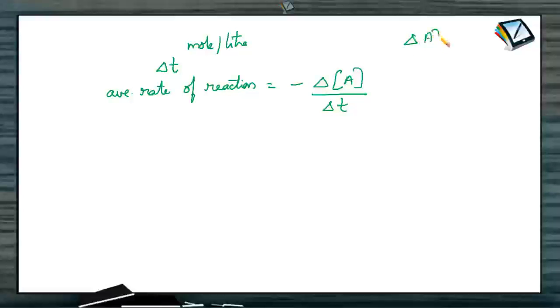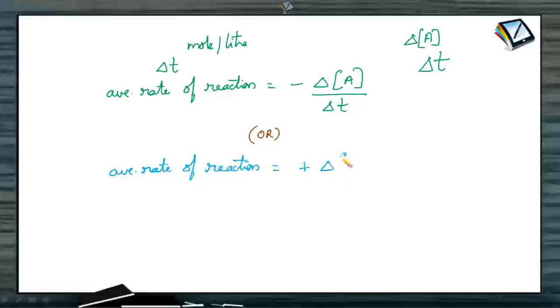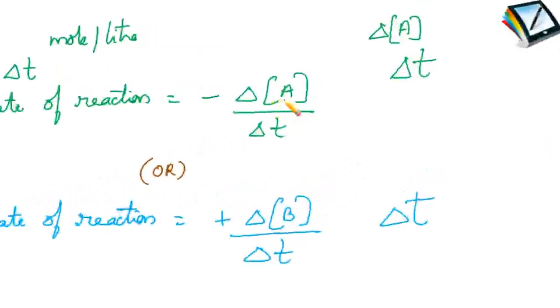Or we can also write it as average rate of reaction equal to plus delta B upon delta t. And what is this delta B? Delta B is again the change in concentration of B in the small time interval of delta t. So one very important thing here to notice is, in front of A we are writing a negative sign, and in front of B we are writing a positive sign.